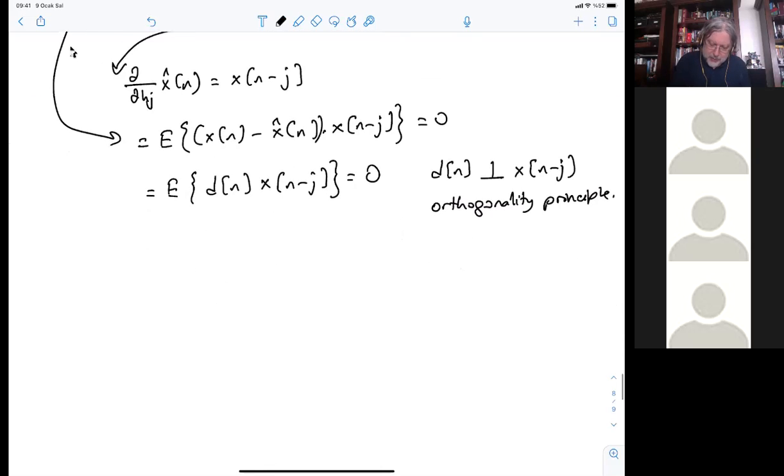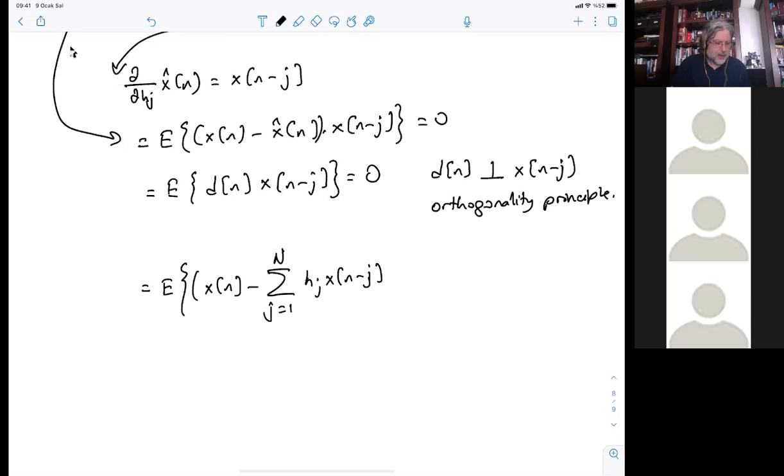But now I have to write the prediction error in an explicit form to see further what's happening. Again, x of n minus x hat of n, but x hat of n is, as we know, the sum over j from 1 to capital N of h of j, x of n minus j, and let me close the parentheses, times x of n minus... I seem to make a confusion here.